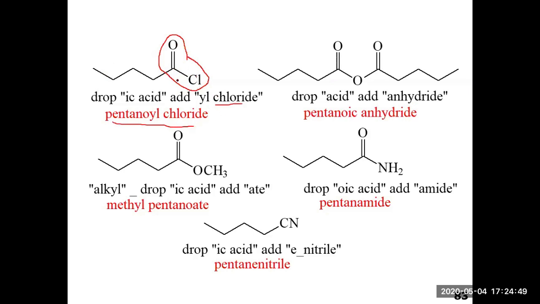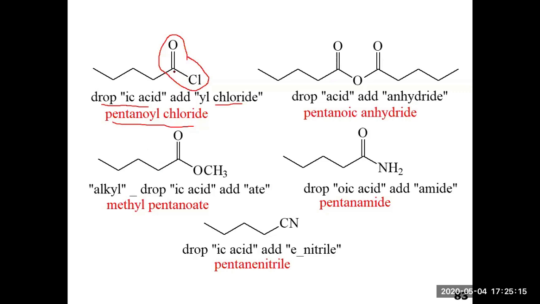Again, for acid chlorides or acid bromides, you drop the ic acid and replace that with yl chloride or yl bromide, depending on the halogen that you have here. So how do we actually number the chain? For carboxylic acid derivatives, the numbering always starts at the carbonyl carbon.